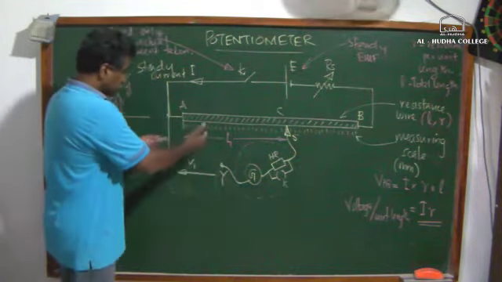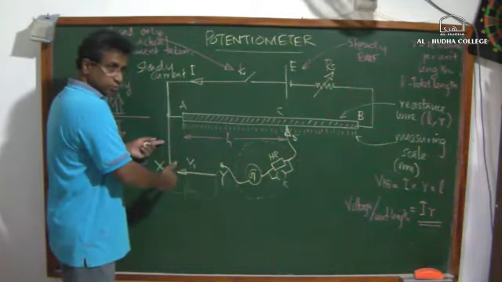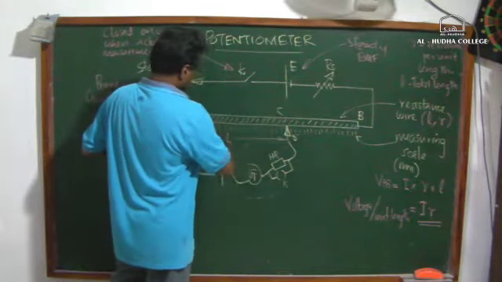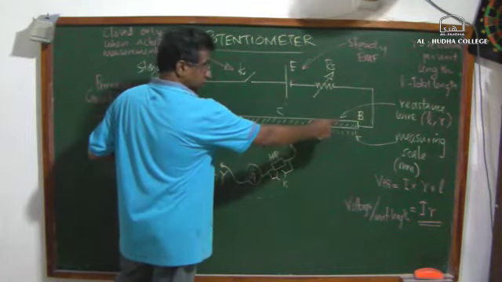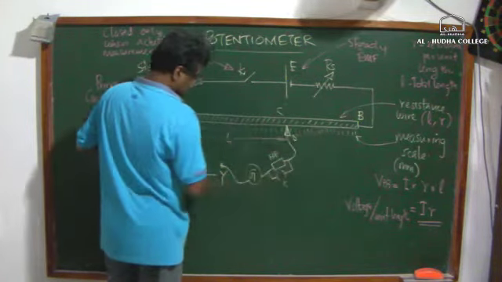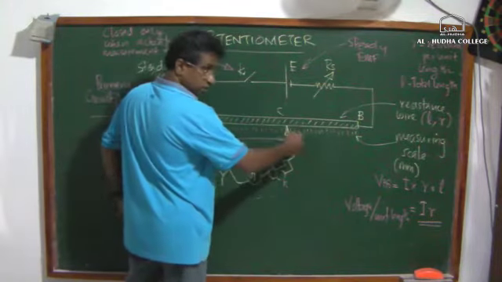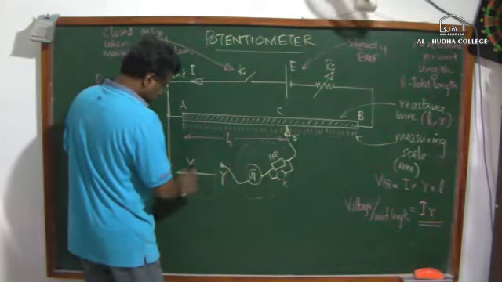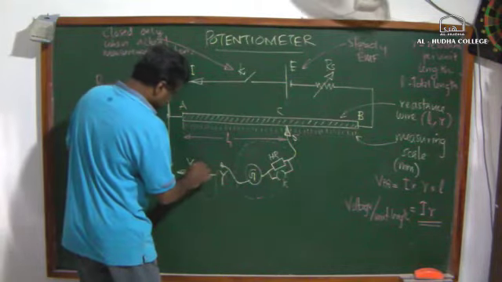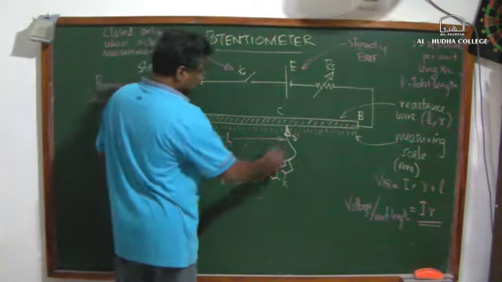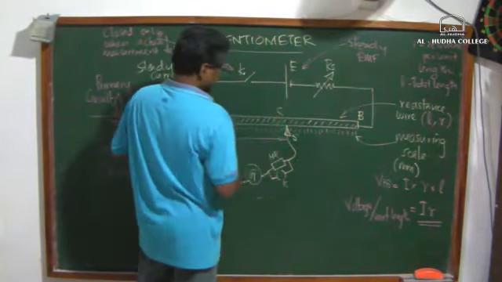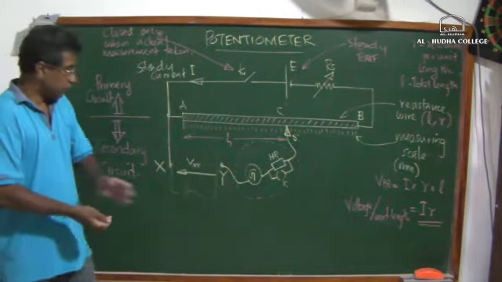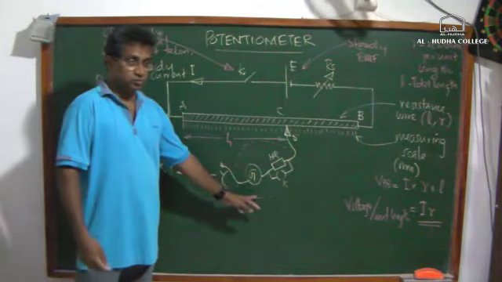Because the positive sides are connected to the same point. Now your negative point, you slide it. Now we know that we have a voltage per unit length here. So as you slide X, at some point this voltage Vxy and Vac become the same. At that point the galvanometer reading becomes 0.